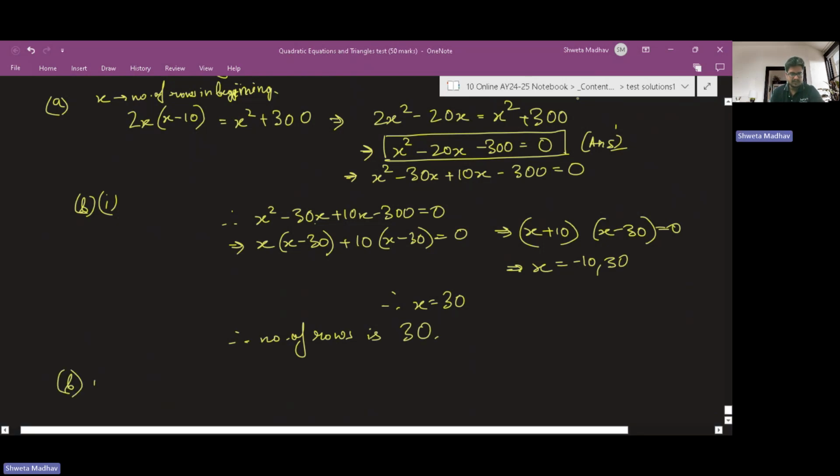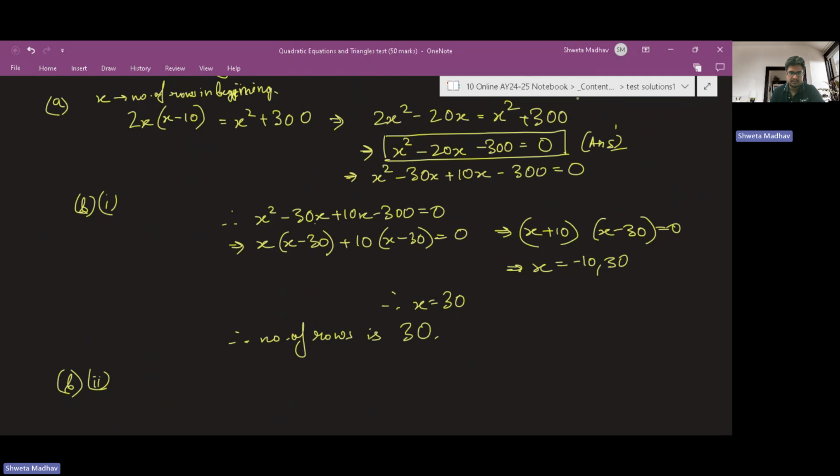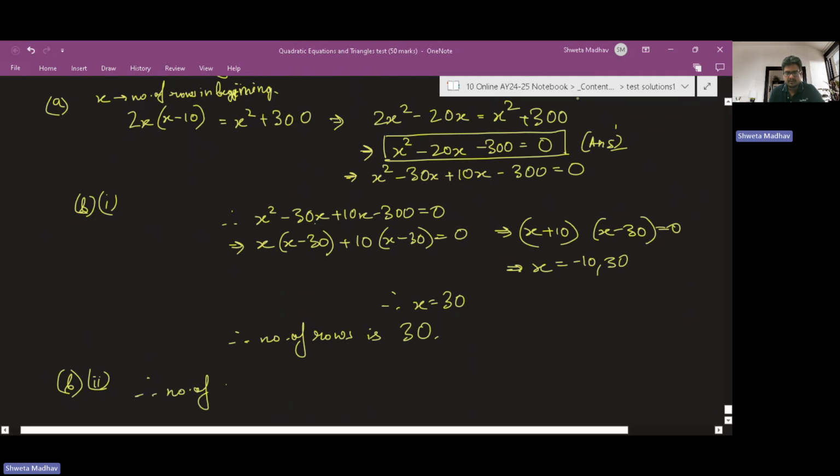B subpart 2: it is asked how many seats were there in the auditorium in the beginning. The number of seats in the beginning was x squared, that is 30 squared, which is 900. So there were 900 seats in the original arrangement.